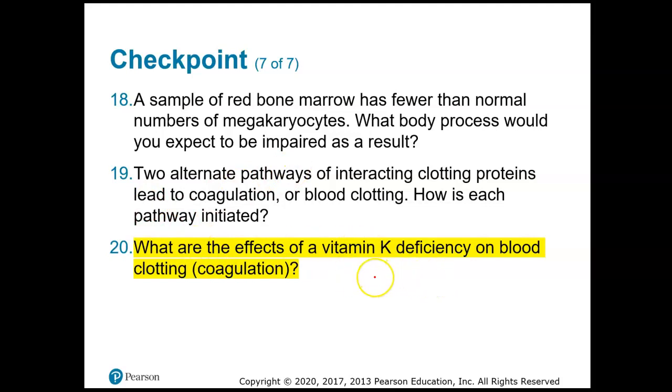Well, your blood's not going to clot as well. It's going to decrease the blood clotting process, and so you may have more bleeding than normal, or an area that's bleeding may not stop bleeding as quickly, that kind of thing.